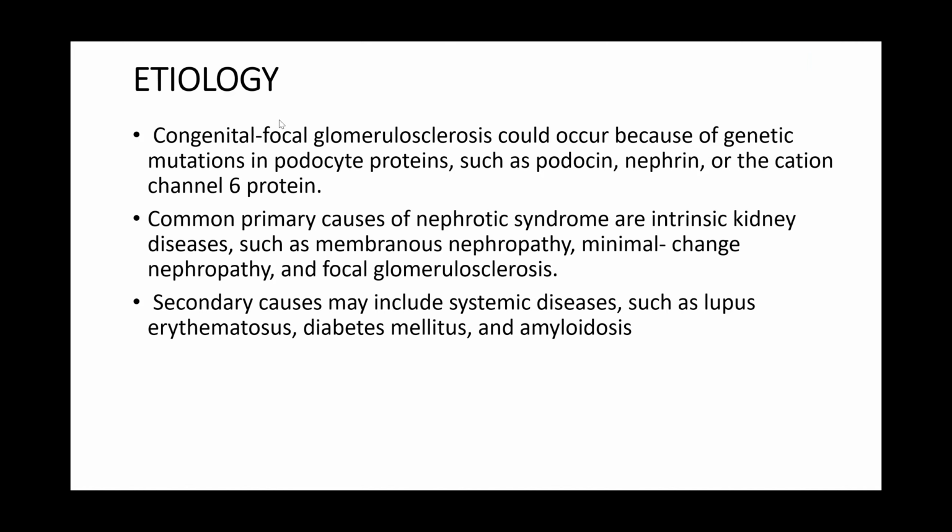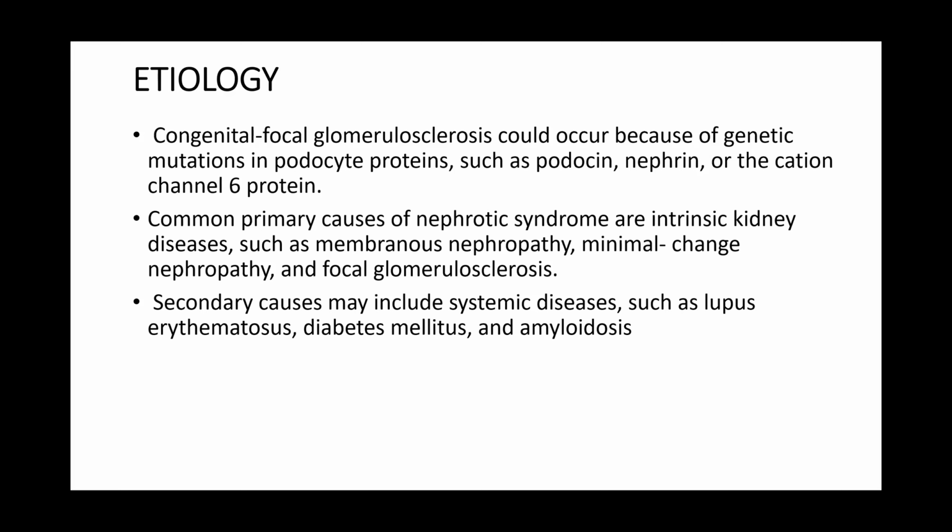Now again, what is important on this slide? You focus on there is a lot of English there. What is the important thing in this that you wanted to learn from this slide? The most common causes. What are the most common causes? In children, it's focal. Congenital causes include FSGS, due to genetic mutations in the proteins, sir.